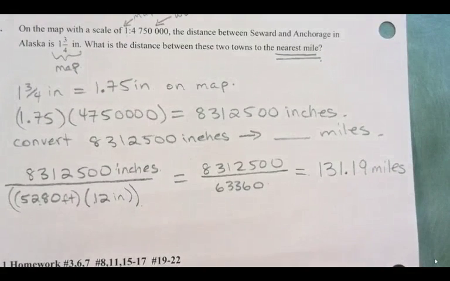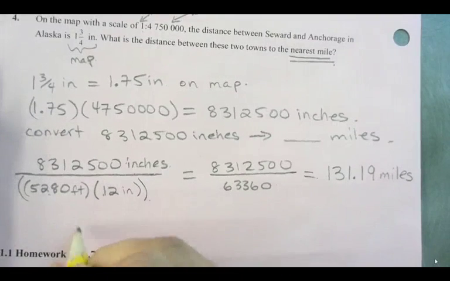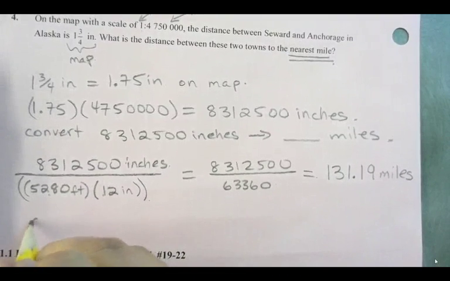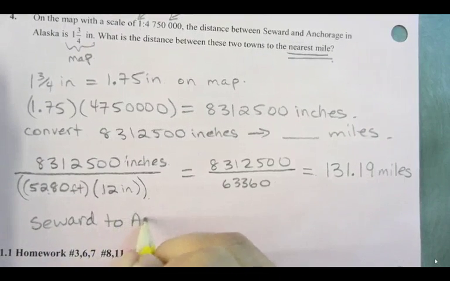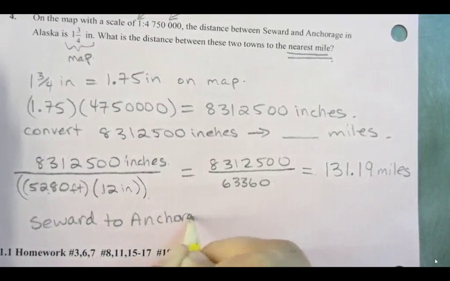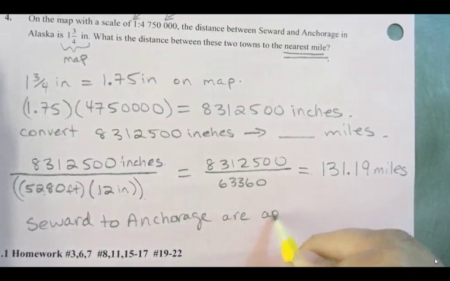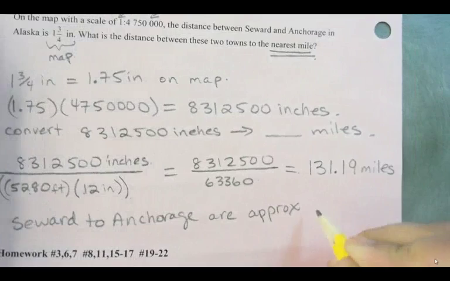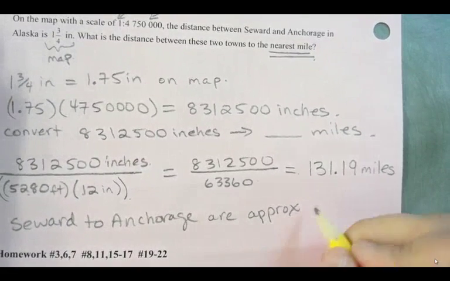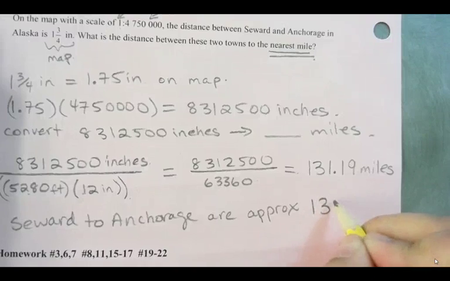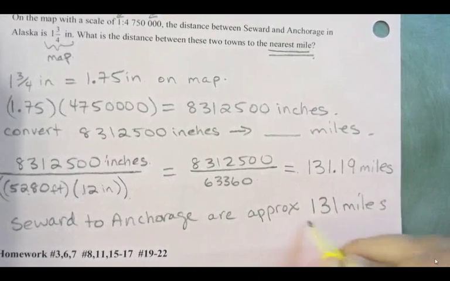So Seward to Anchorage is approximately... Now how am I going to round it? It says to the nearest mile. Approximately 131 miles apart.